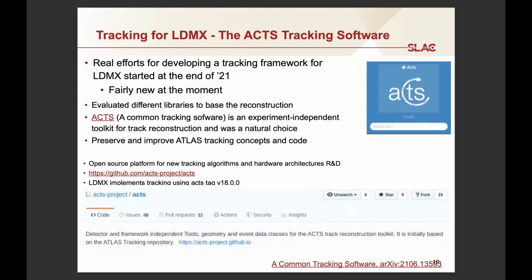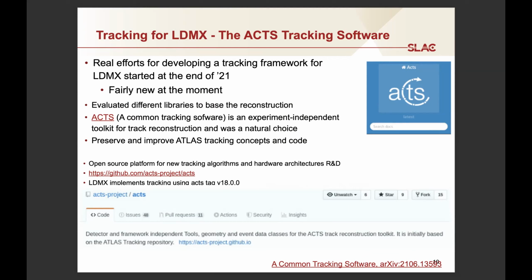So as I said, we use ACTS, starting from the bottom up. This experiment was thought up around 2015 and had no tracking, and basically we started implementing everything from scratch at the end of 2021.